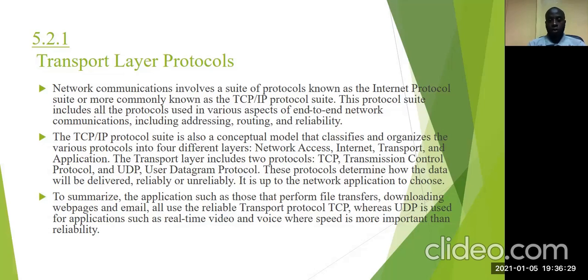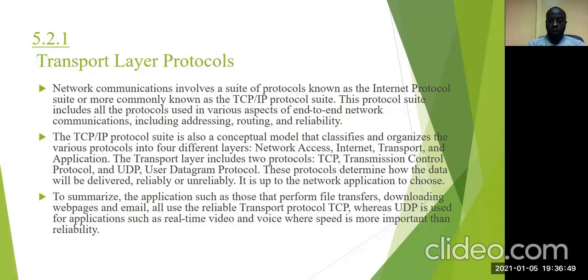In summary, applications such as those that perform file transfer, downloading web pages, and email all use a reliable transport protocol, whereas UDP is used for applications such as real-time video and voice, where speed is more important than reliability.